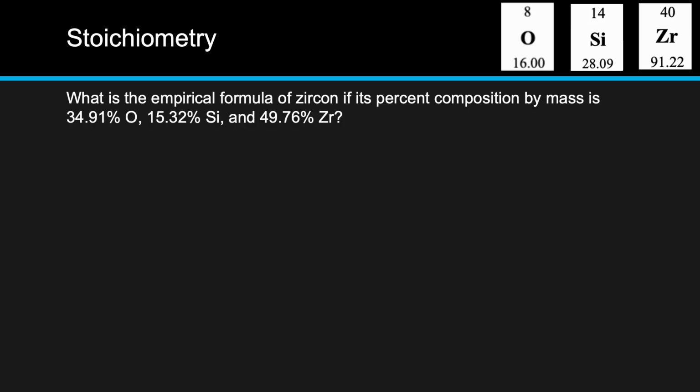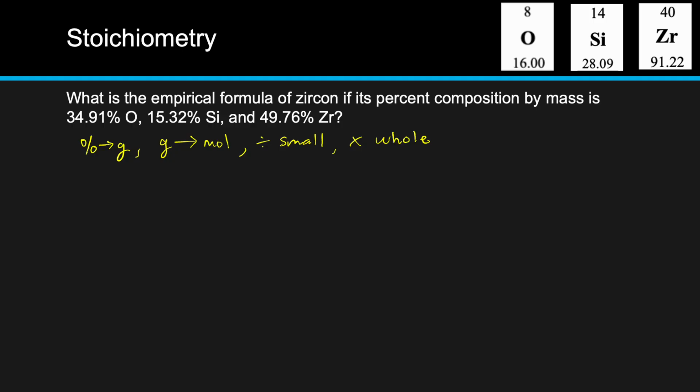So for empirical formula, I like the little jingle that says percent to mass, mass to mole, divide by small, multiply until whole. Those are the 4 steps to get you to your empirical formula. Now, of course, it's not always perfect, but that's the main framework, if you will.